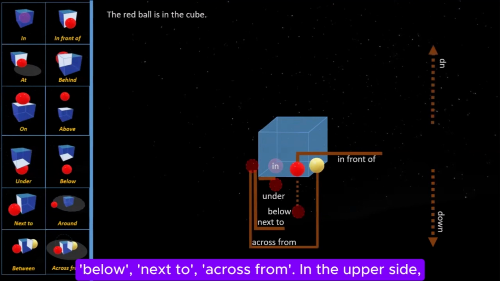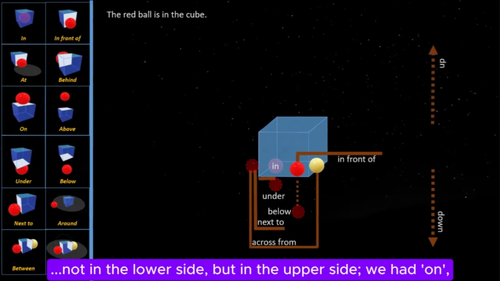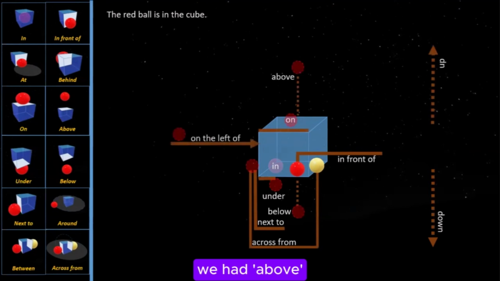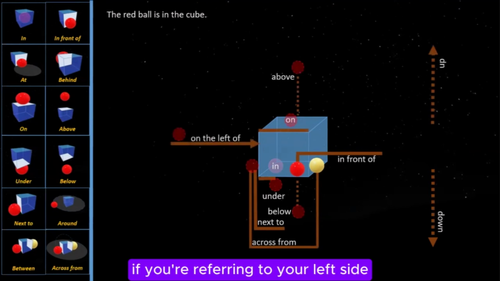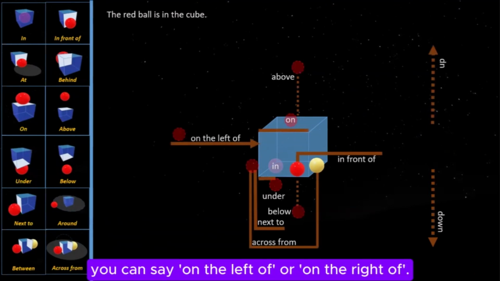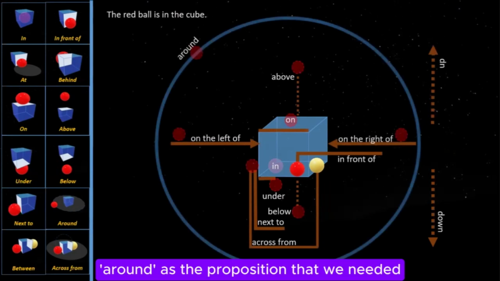In the upper side, not in the lower side, but in the upper side, we had on, we had above. If you're referring to your left side, you can say on the left of or on the right of. Around as the preposition that we needed to say in some point surrounding that object.